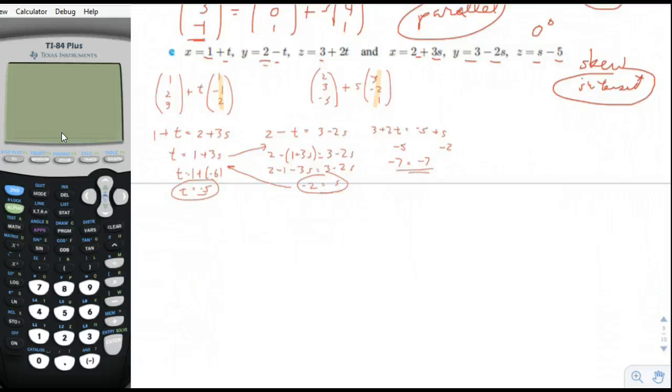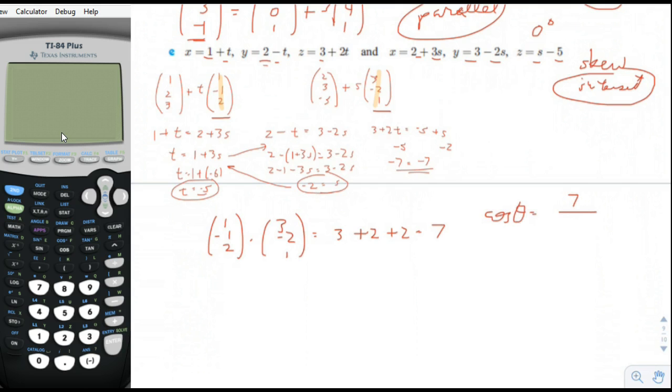So what we're going to do is take the scalar product of these together: (1, -1, 2) and (3, -2, 1). And then we get 3, plus 2, plus 2, which gives 7. So the scalar product is 7, and to find the angle between the two, we need the scalar product in the numerator. In the denominator, we need the magnitudes.